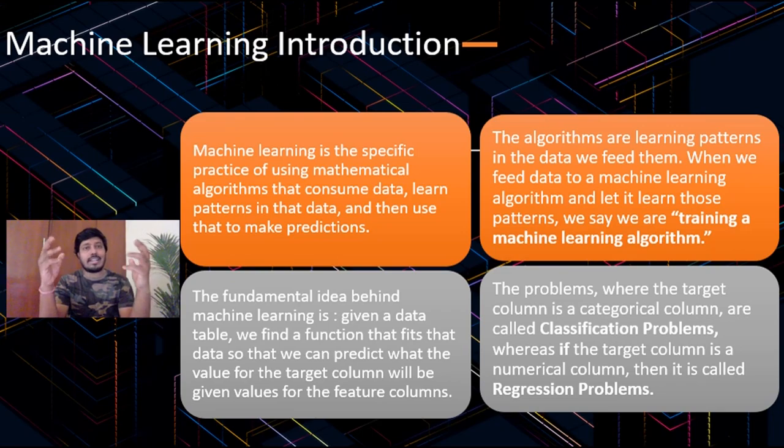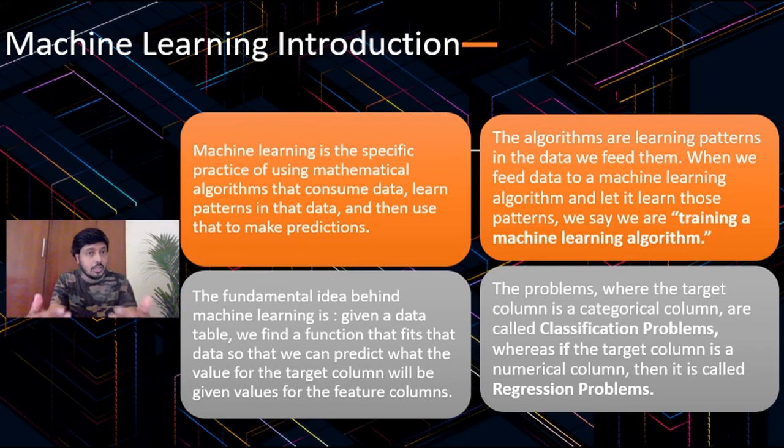Over the years, entire families of sophisticated machine learning algorithms have been developed to excel at different kinds of applications. But fundamentally, all of these algorithms are doing the same thing. They consume a data table, they learn patterns in that data to predict what the target column will be given the values of the feature columns, and they use that to make predictions on new data in the future.